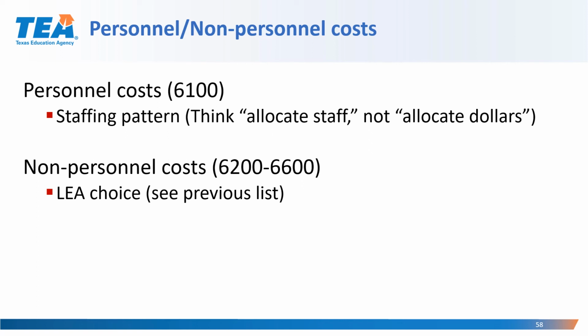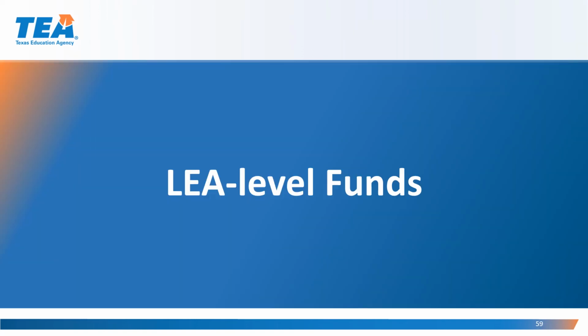The LEA would simply write the description in the methodology so that the auditor would understand how the LEA distributed state and local funds to its campuses. Once the LEA has its statement of exemption or its methodology for allocating state and local funds to its campuses, it is in compliance with the SNS requirement for Title I Part A and for Title I School Improvement.